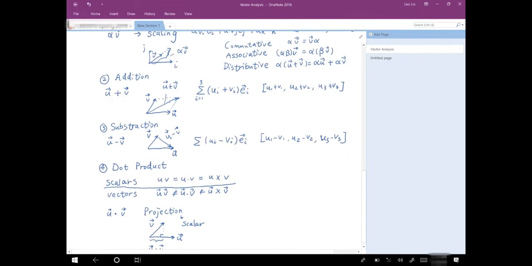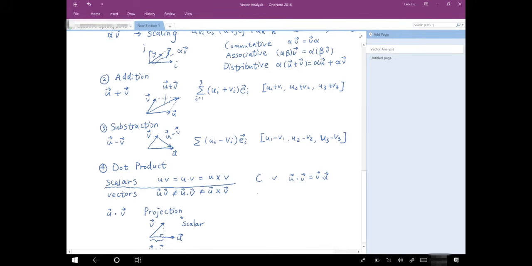First, for C, commutative: the product of U and V equals the product of V and U. This is easy to understand because, whether it's U dot V or V dot U, they can be understood as the projection of V onto U or U onto V. They're equal.